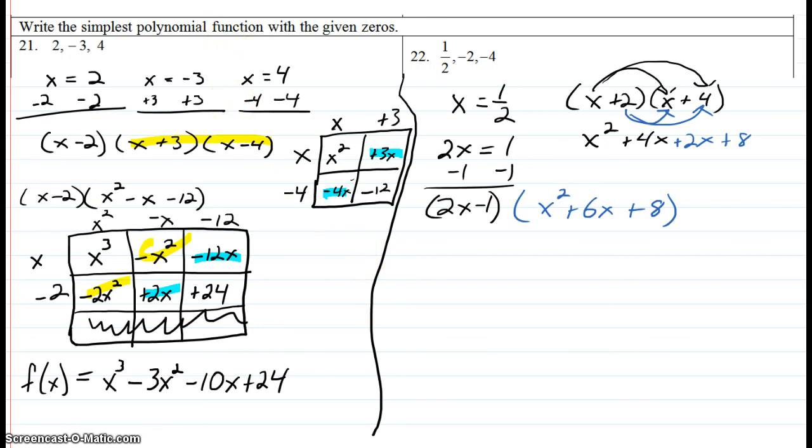And let's distribute. Again, I showed you guys the box method over here, so let's do distribution here. And so 2x times x squared gives us 2x cubed. 2x times 6 gives us 12x squared. 2x times 8 gives us 16x.